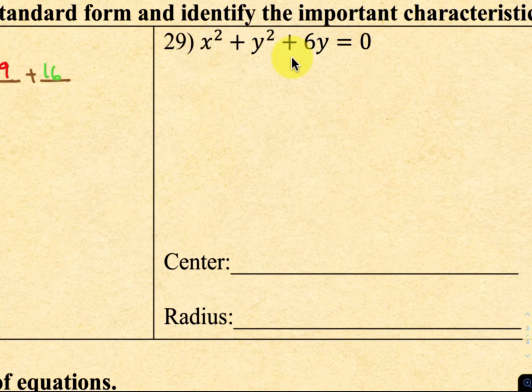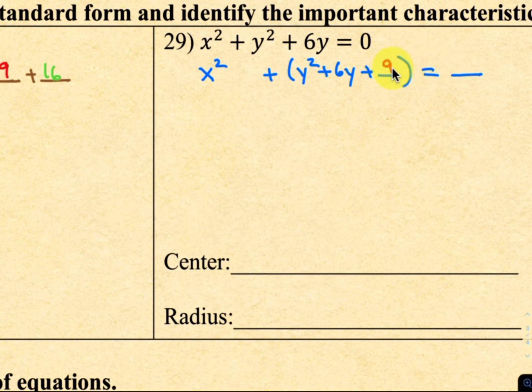All right, for number 29, we want to write this circle equation in standard form. So we'll collect the x's together and collect the y's together. Well, there's only one x term, and that is x², so that stands alone. Then we group the y² + 6y together, plus some number, and then equals some number here. To figure out what we're adding to this space, half of 6 is 3, and 3 squared is 9.